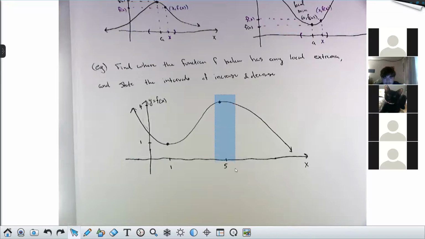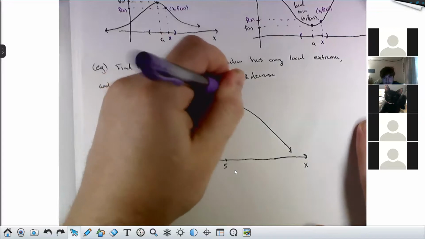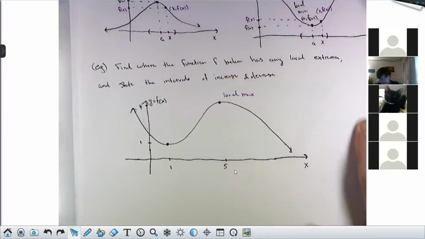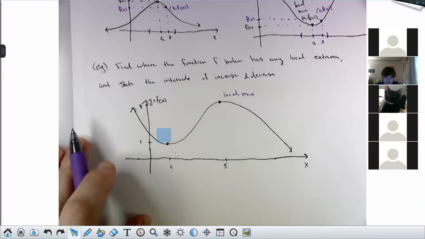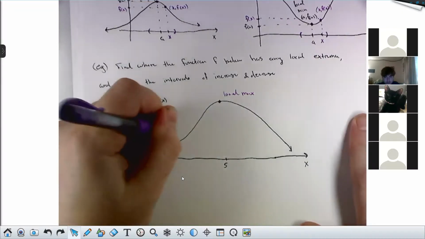Yeah, if I draw a little window around this portion of the graph, that point right there is the tallest point anywhere in this window. So this is a local max. And over here at 1, if I draw a little window around this portion of the graph, that's the lowest point anywhere in that window. So that's a local min.